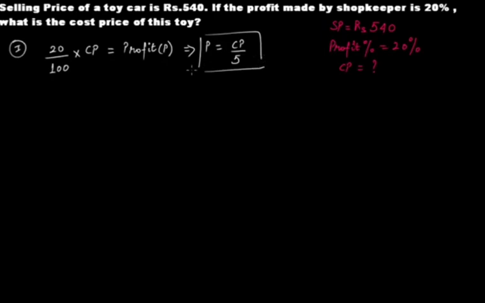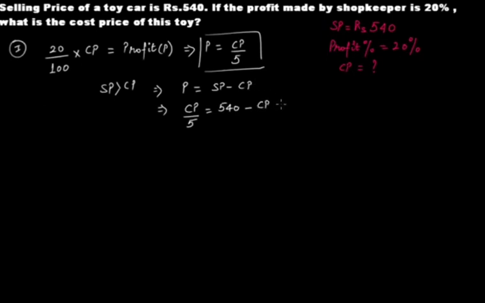Now, since we are making profit, it means that our selling price is obviously greater than cost price, and we can use a formula. Profit, that is P, is equal to selling price minus cost price. What is P? P is cost price over 5. Selling price is 540 minus cost price, which we don't know.